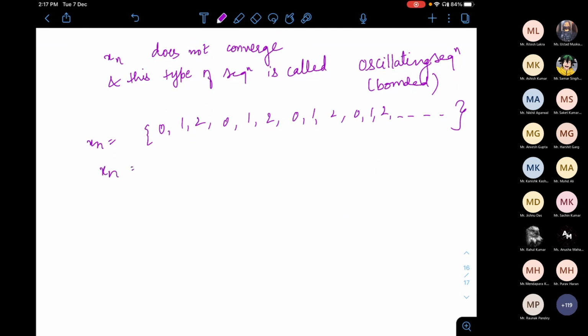Some more examples: trigonometric functions, sine, cosine also. No, I don't want to take a little bit difficult ones right now.